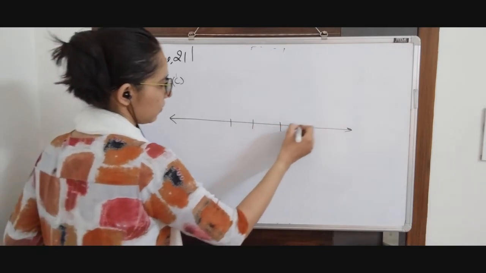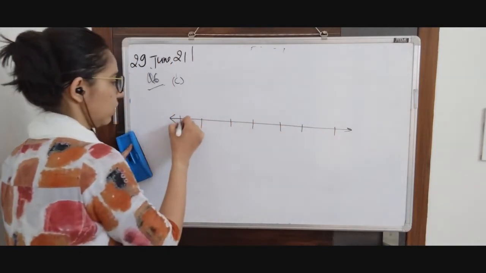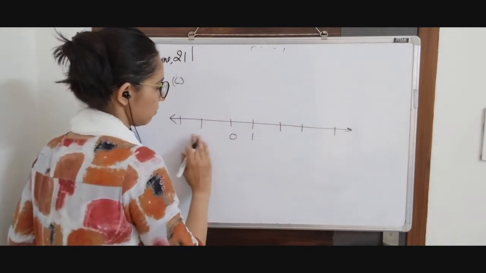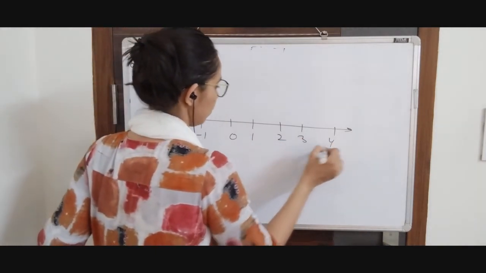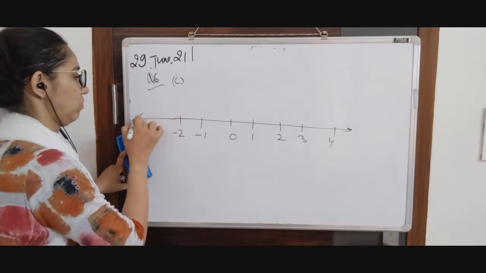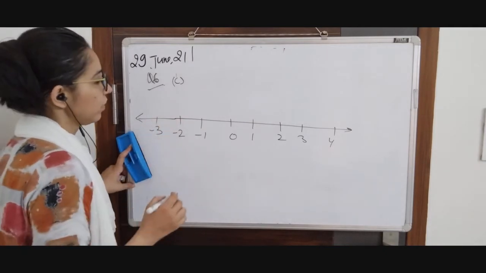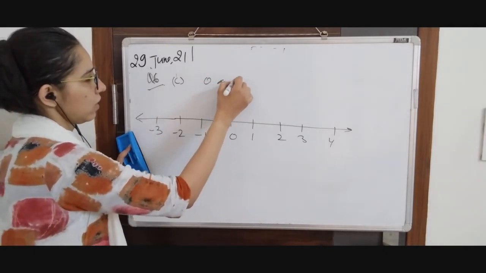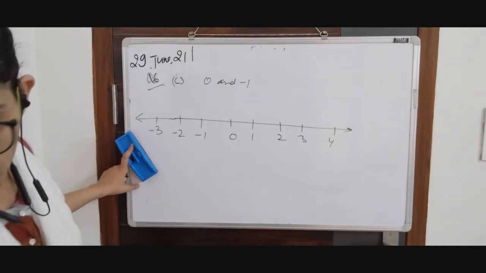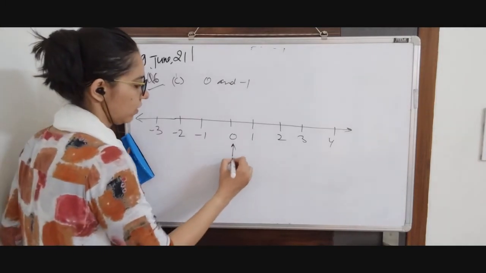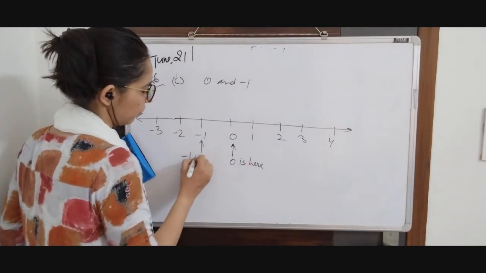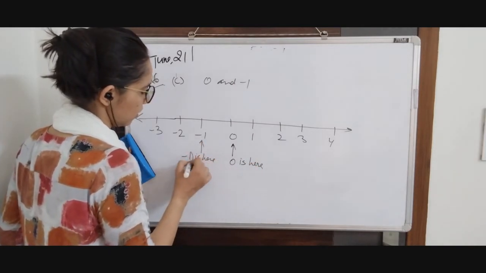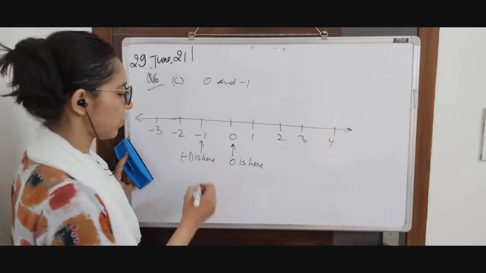It can be like this: 0, 1, 2, 3, 4, -1, -2, -3. So 0 and -1. 0 is here and -1 is here. So which one is on the right hand side?